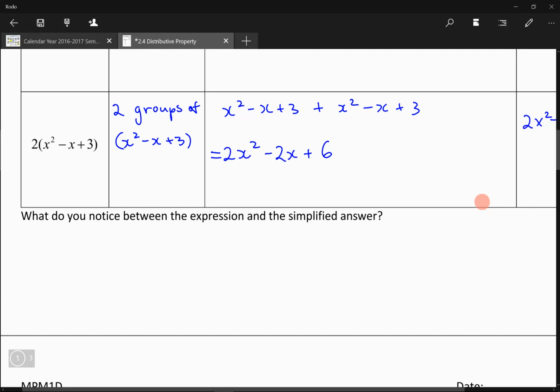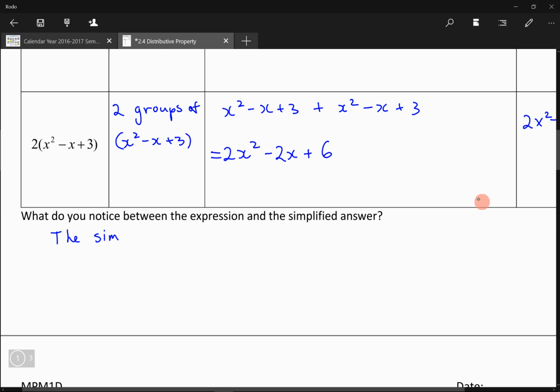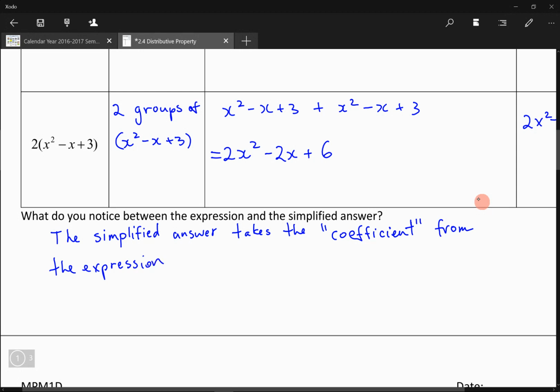So what do you notice between the expression and the simplified answer? The simplified answer takes, let's call it this coefficient, from the expression and multiplies it with every term inside the bracket.